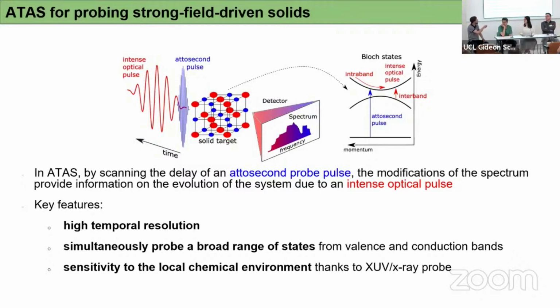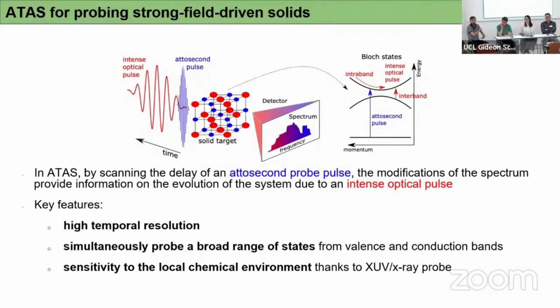And then what you measure is the absorption of the transmitted pulse at different time delays and the variation in the absorption features. Now, this pulse is very short, therefore very broadband. And what you're looking at is how different frequencies in this very broadband pulse are differently absorbed at different time delays. And these variations in the absorption spectrum as a function of time delay give information about the strong field dynamics in the presence of the intense pump pulse.